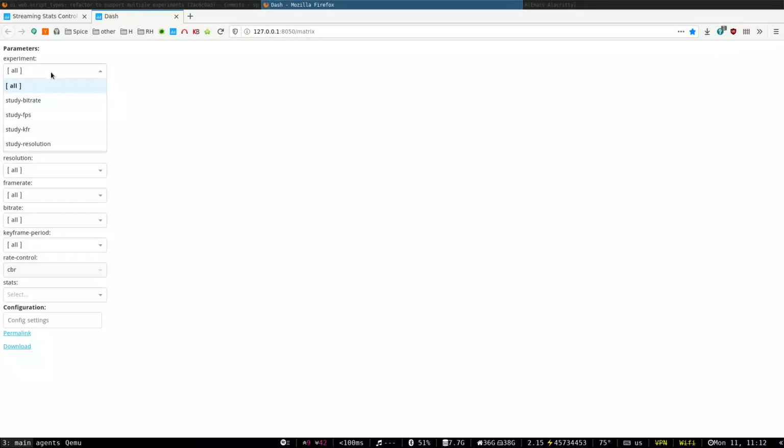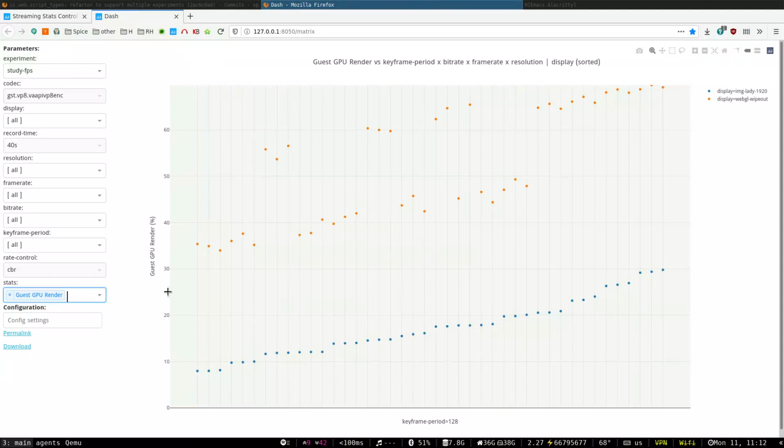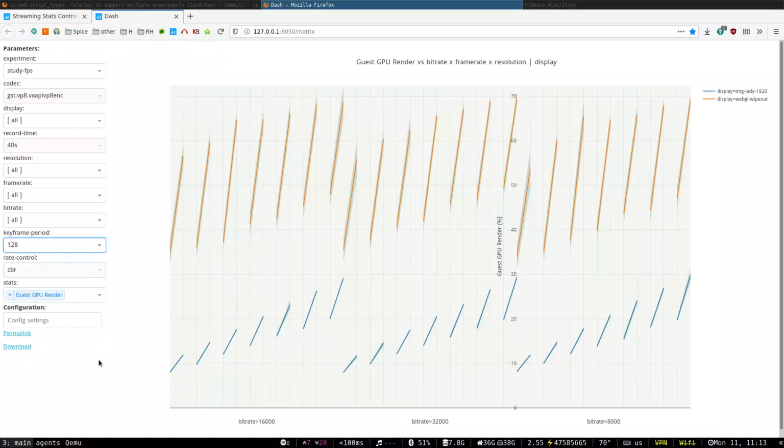So let's start with the FPS study, and we look at the guest render GPU. Here we see all the results that have been executed. There is only 1 keyframe period, so we can already set this. Currently it's sorted by bitrate and experiment.